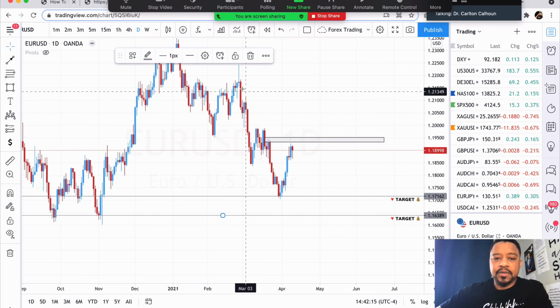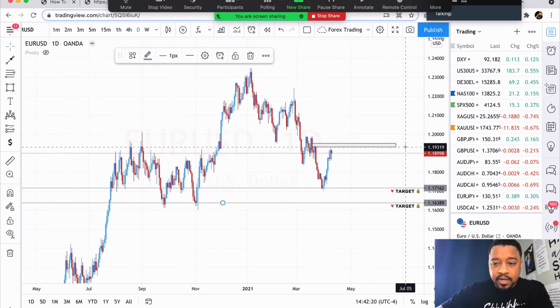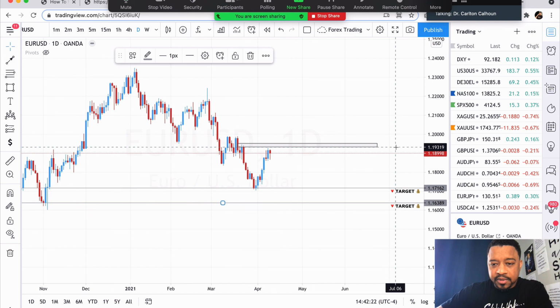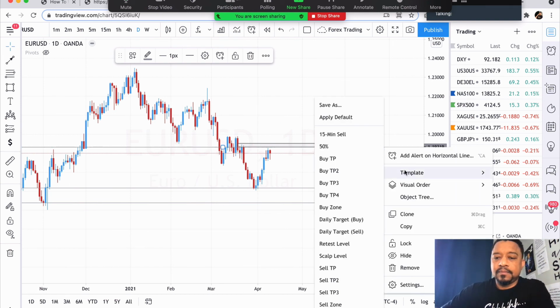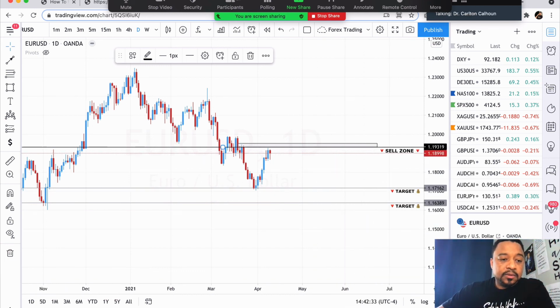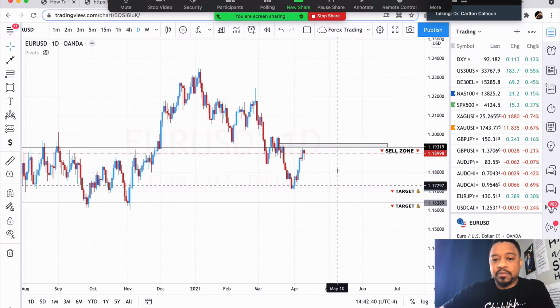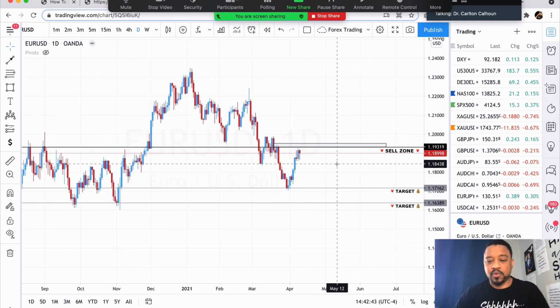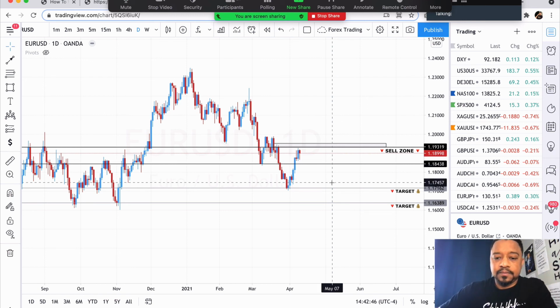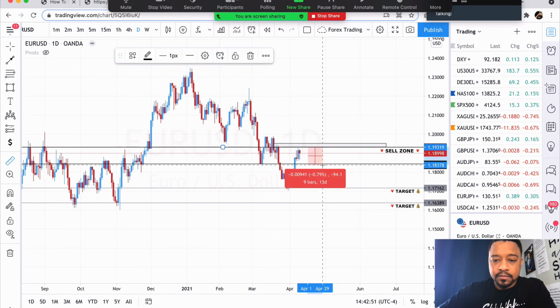It's retesting these areas to push down. So if it comes back up, I will put a sell limit around this area. And I would sell it down. So we're looking at potentially 290 pips. Of course, you can break it up along the way. Yep.